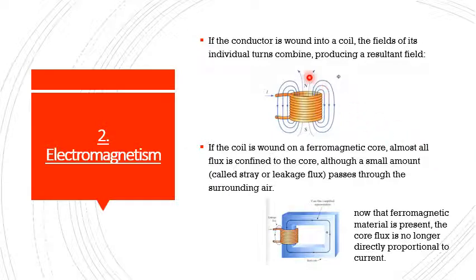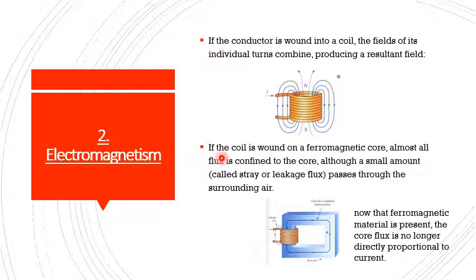If the conductor is wound into a coil, the fields of the individual turns combine to produce a resultant field. This is the resultant field when the conductor is wound as a coil.